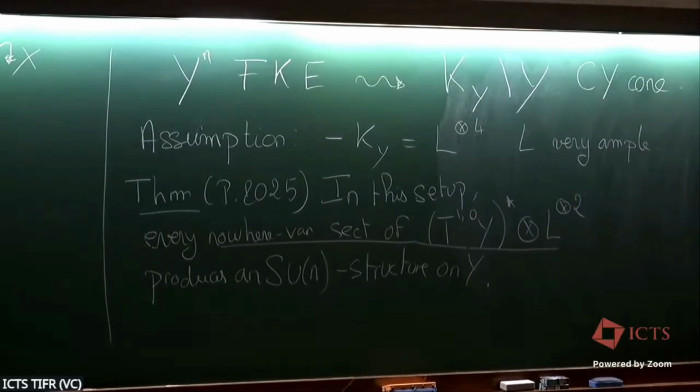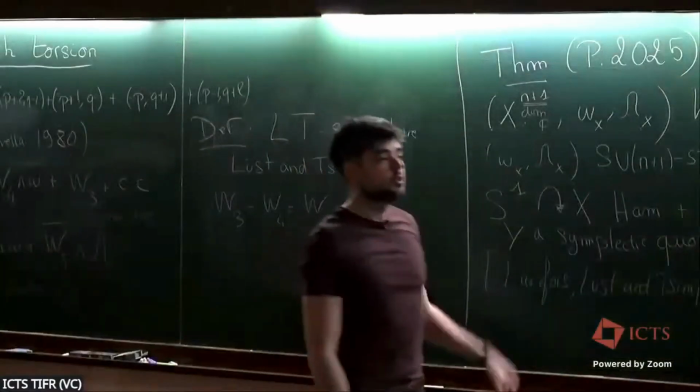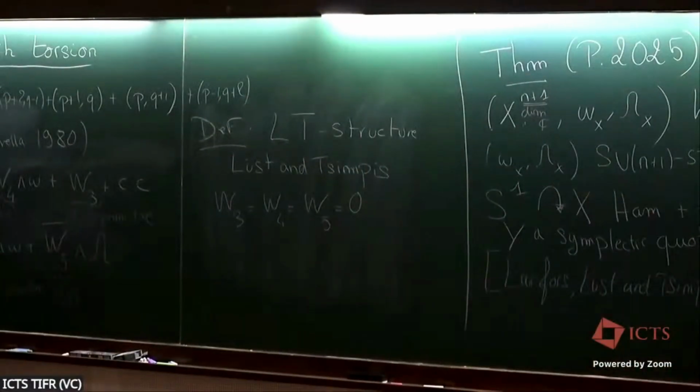Yeah, in your second theorem, when you said that a nowhere vanishing section defines an SU(n) structure, how does that work? So do you get some omega out of the section? How does it work? It's basically you apply this theorem where X is my Calabi-Yau cone. And you have a natural moment map, like Evelyn talked about yesterday.